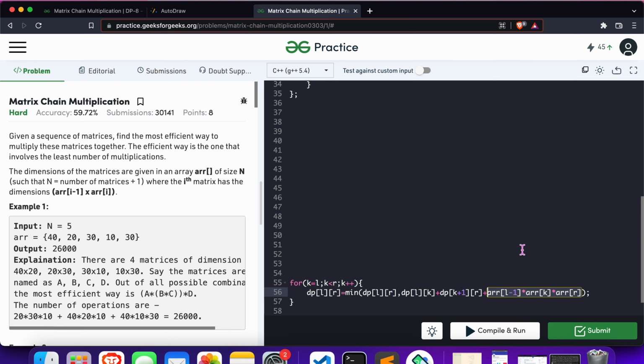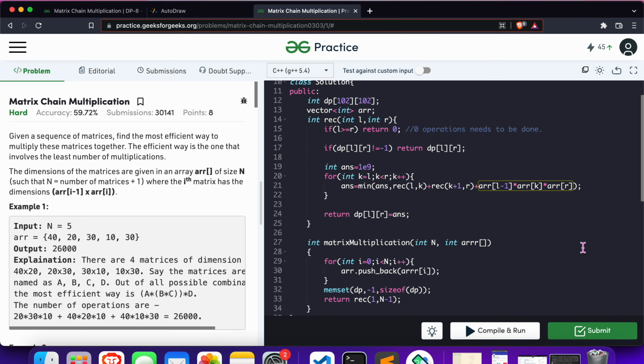And L minus 1 means that for the L-th matrix, the rows will be at the L minus 1 index, right? So that's why I have done it like this. So now here is the row.